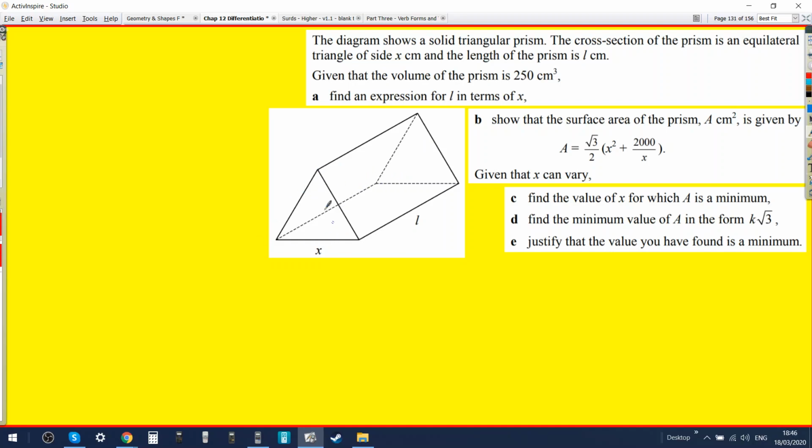Area of a triangle is a half times base times height, and then times by the length for the volume. You would make, let's say, L the subject of the volume and then sub that into the area equation to get the area in terms of x only instead of x and L.